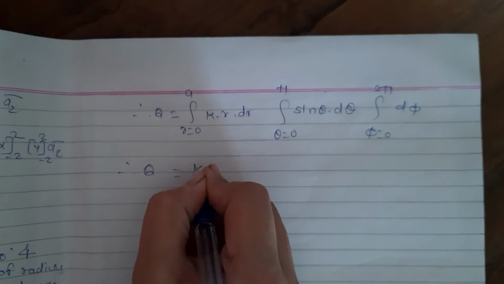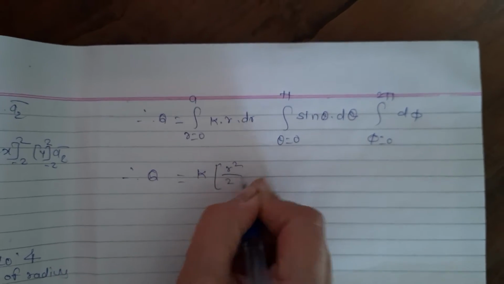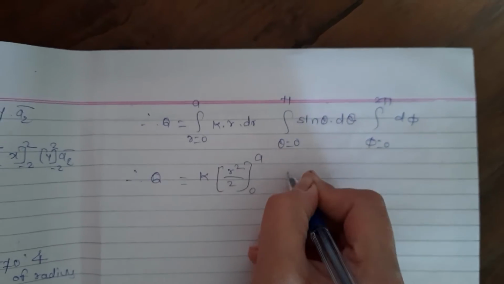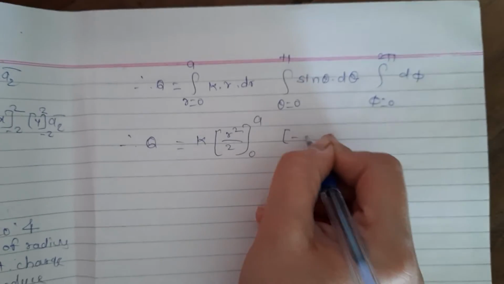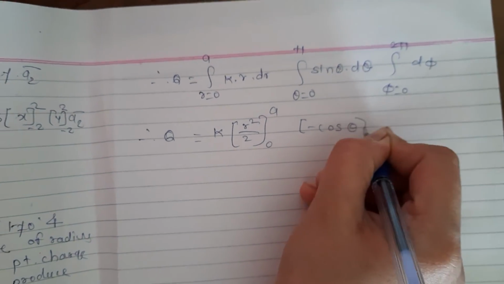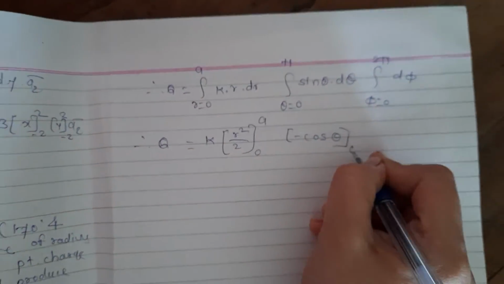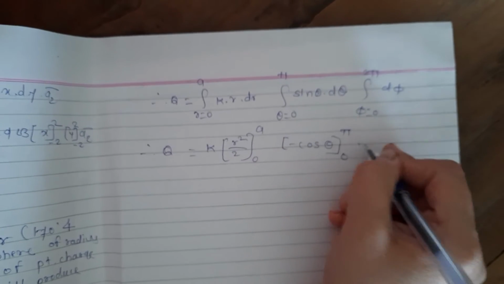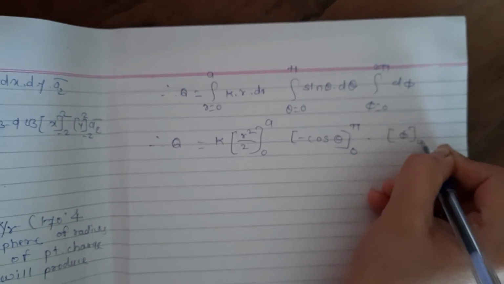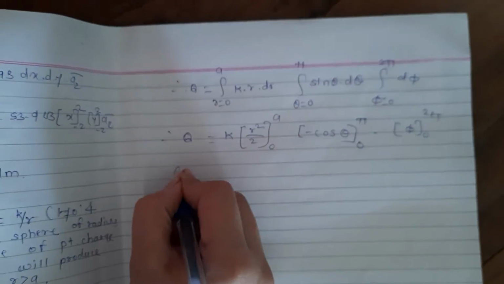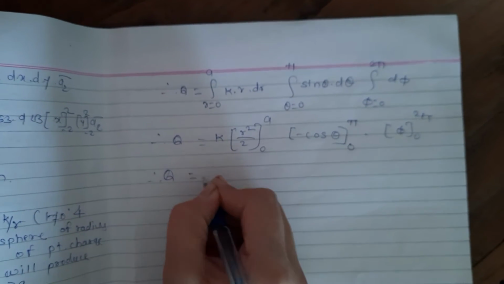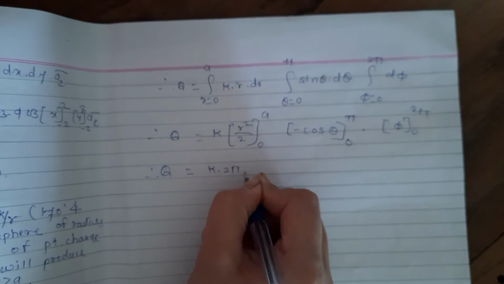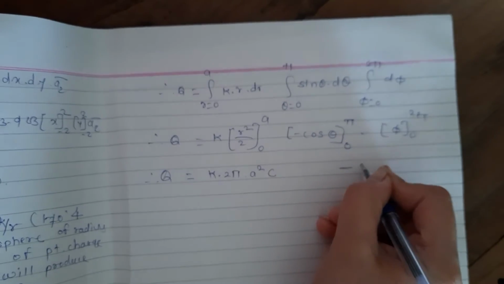Q is equal to k into r square by 2, it is minus cos theta from 0 to pi, and phi from 0 to 2 pi. So by solving we get Q is equal to k into 2 pi a square. This is equation 4.